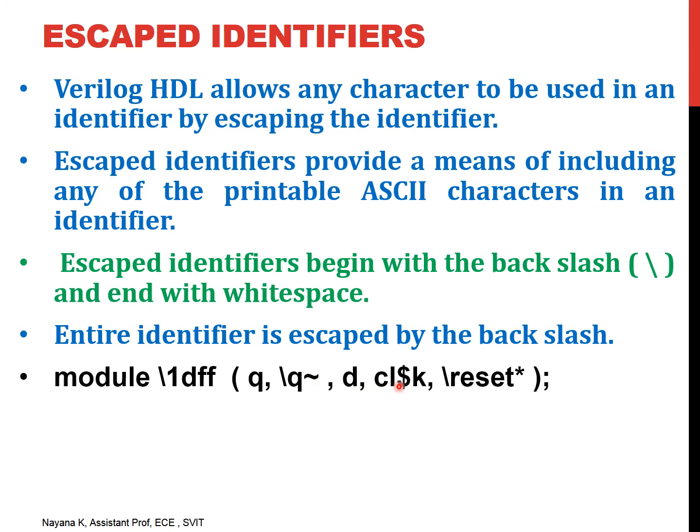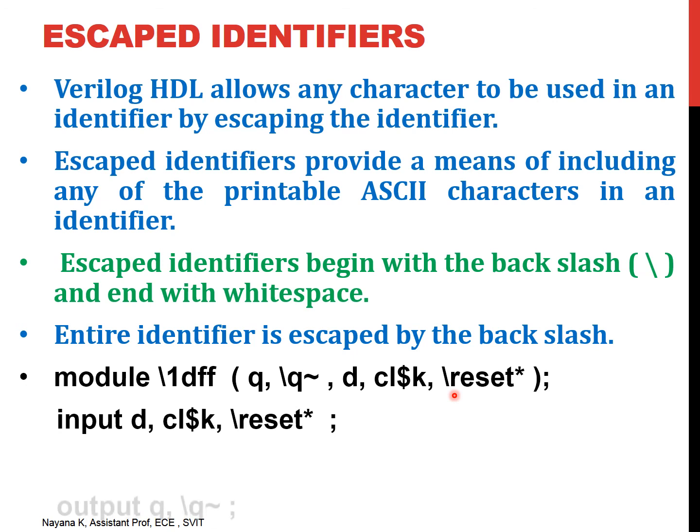CL dollar K, this is a valid identifier because the dollar symbol is included somewhere in the middle and it is allowed. Reset star, the asterisk symbol. This asterisk symbol is not allowed in an identifier, but to use it we have prefixed it with a backslash and we are ending it with a space. So this identifier is escaped by the backslash and the Verilog compiler will not give you any error.